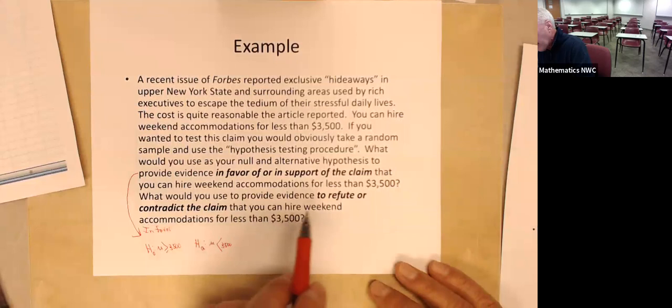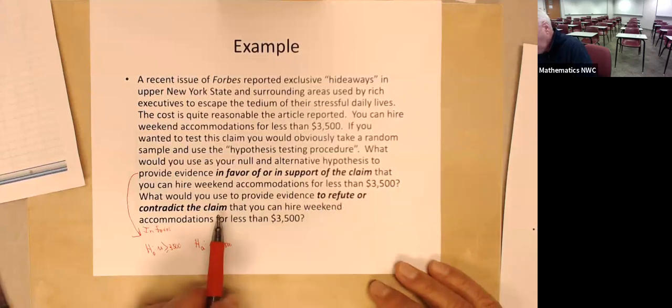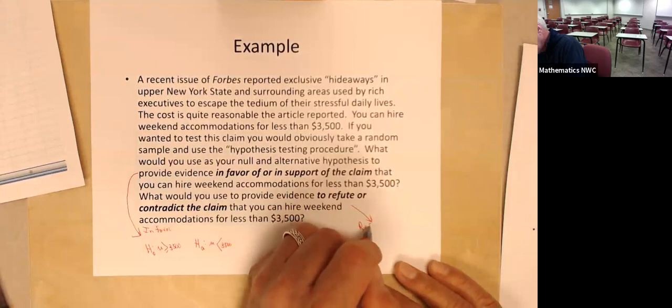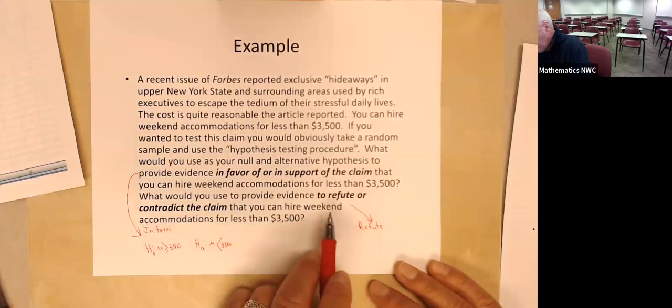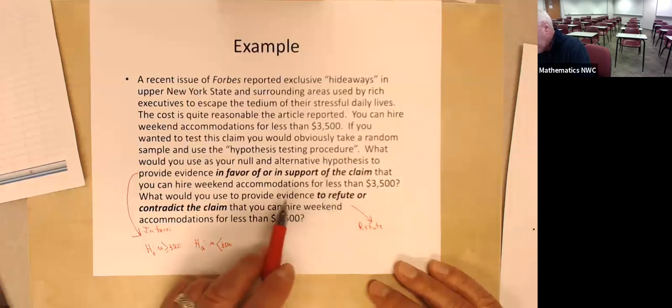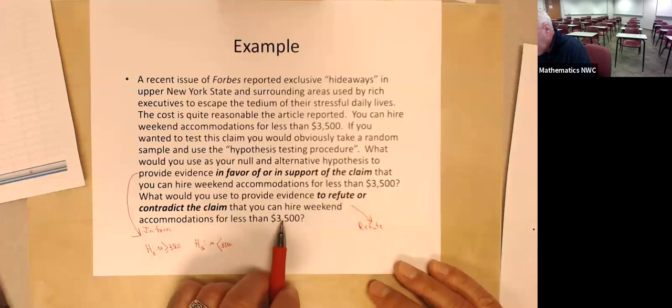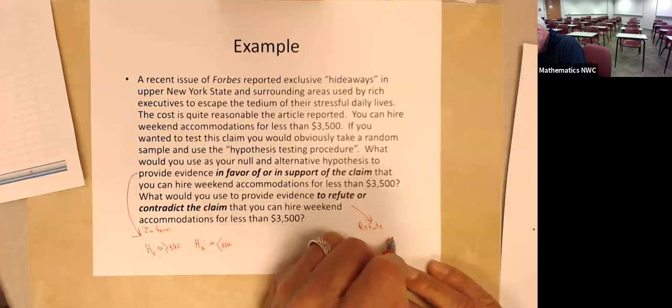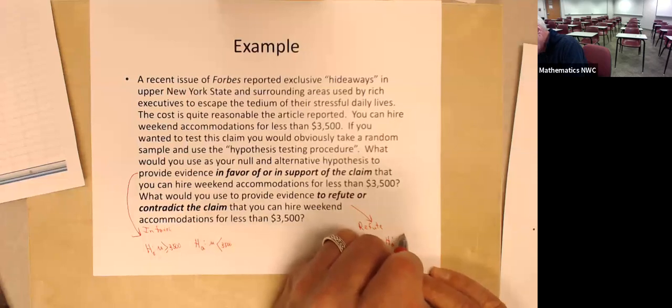What if the problem had asked me to refute or contradict? To refute the claim means I would have been trying to find evidence that basically said that it is not less than 3,500. I would have wanted to show that the alternative was that it was greater than 3,500.